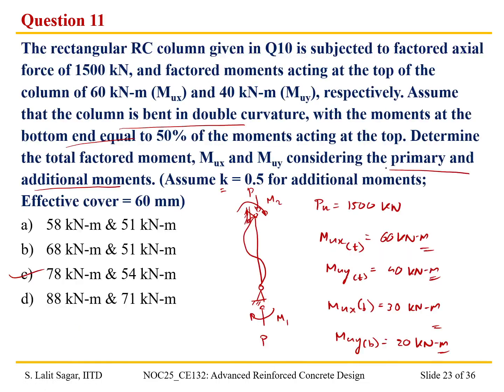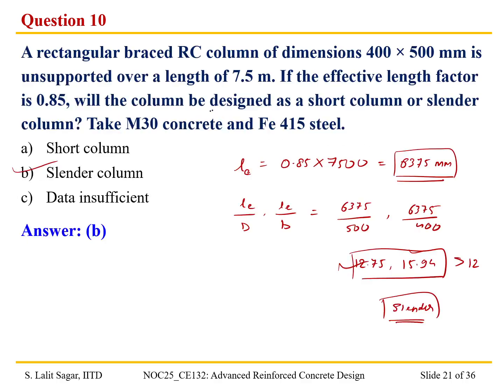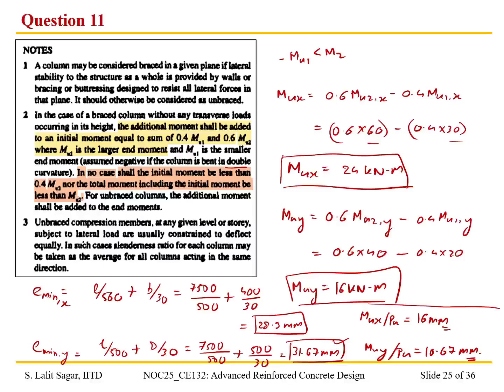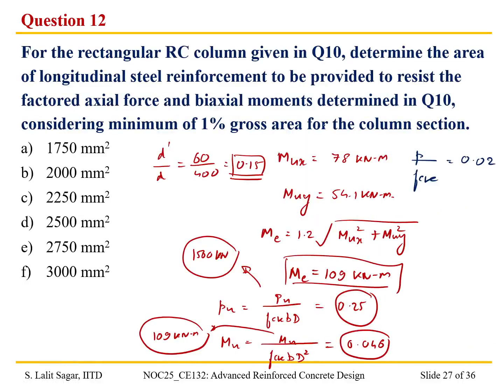The value of fck is 30 MPa. So the percentage of steel is 0.02 by 30, that is P equal to 0.6%. But for a column it is a good practice to provide 1% of the reinforcement.